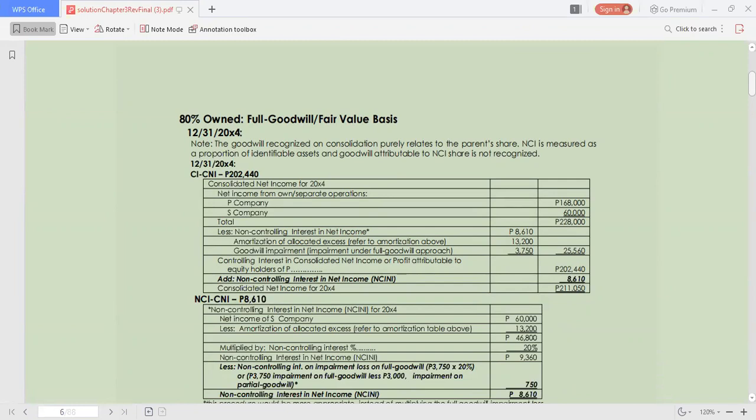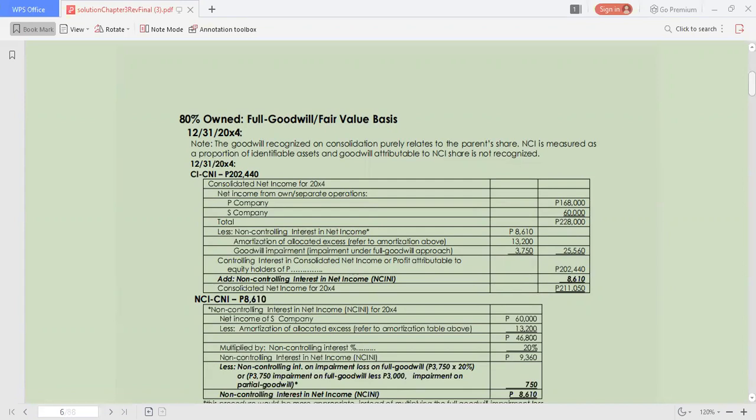Then we deduct the non-controlling interest in net income and the amortization of allocated excess and the goodwill impairment under full goodwill approach. So we have now the controlling interest in consolidated net income or profit attributable to equity holders.